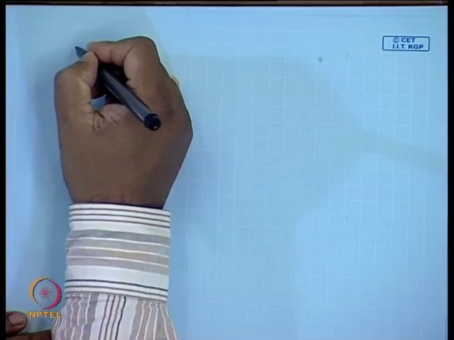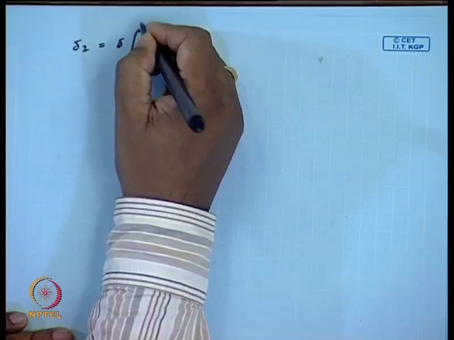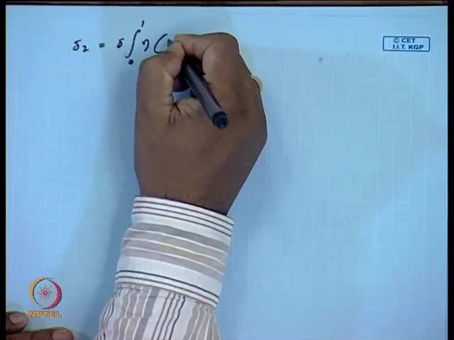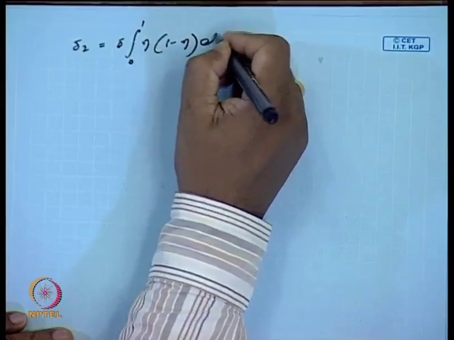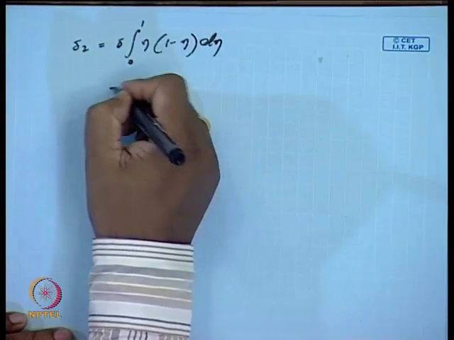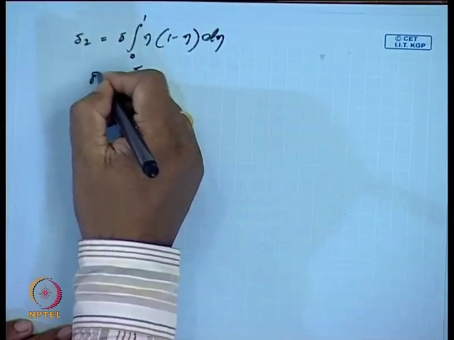In terms of delta, delta 2 will give me delta times the integral from 0 to 1 of eta into (1 minus eta) d eta, which is nothing but delta by 6. So delta 2 is delta by 6.